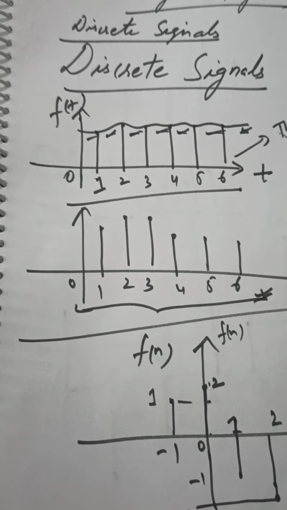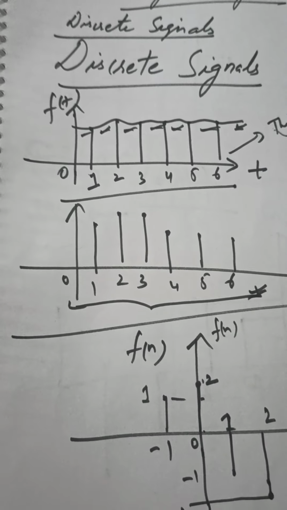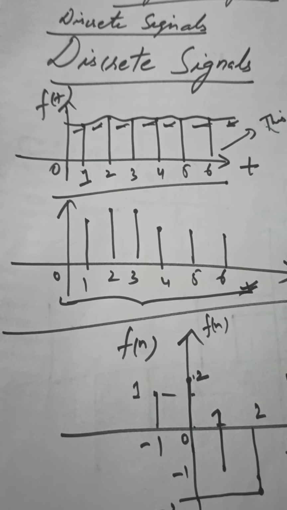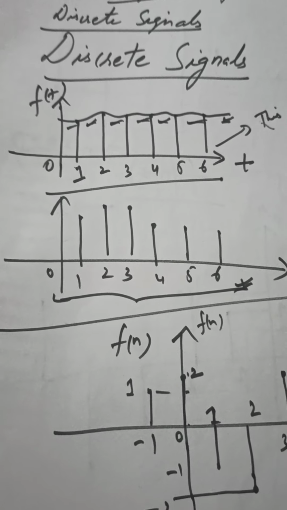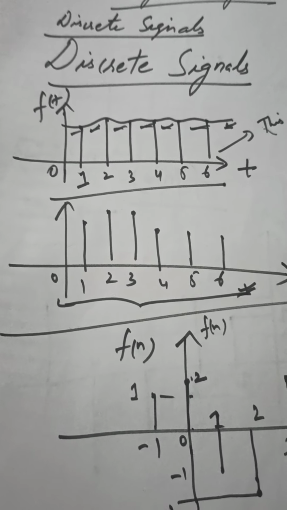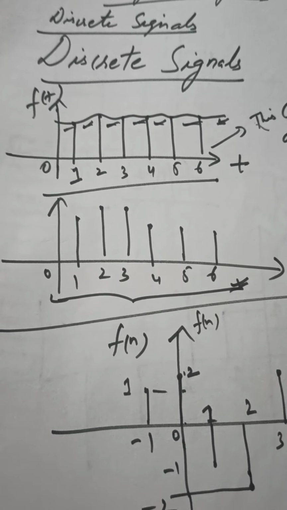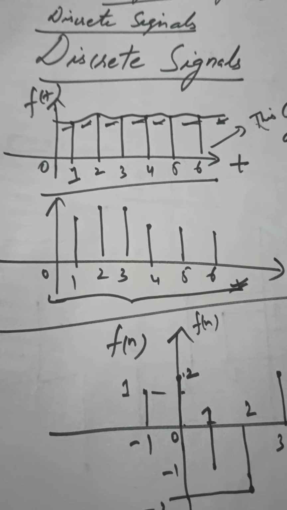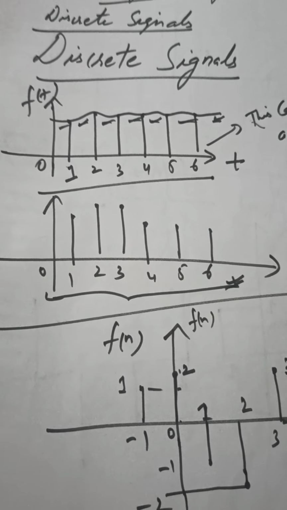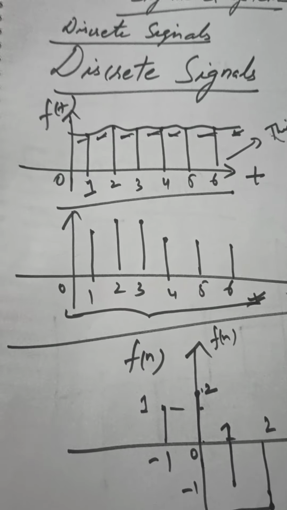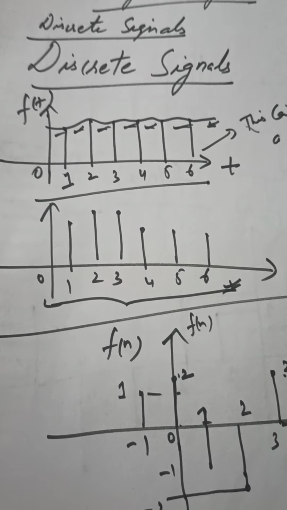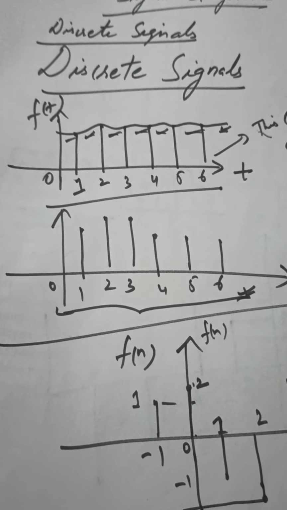The signals that we see in our day-to-day lives, that are present right in front of us, are, as we define them, analog signals or continuous signals. For example, a continuous current is going to be a continuous signal.